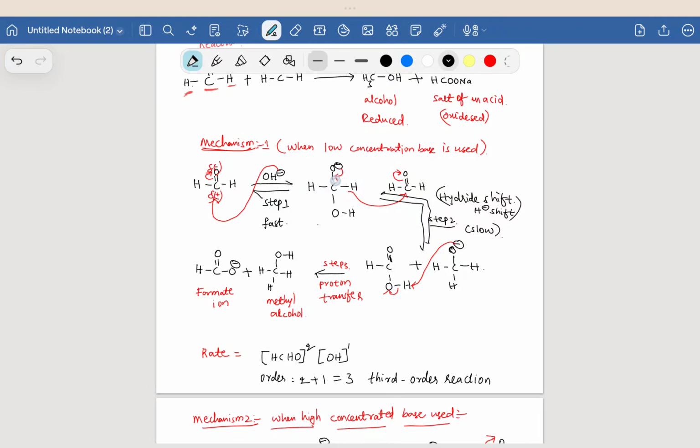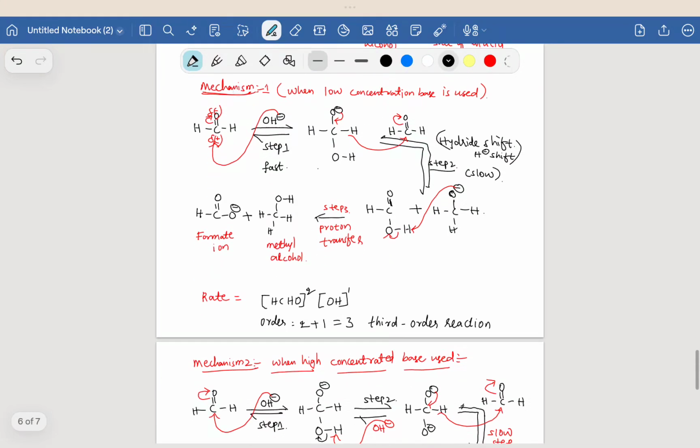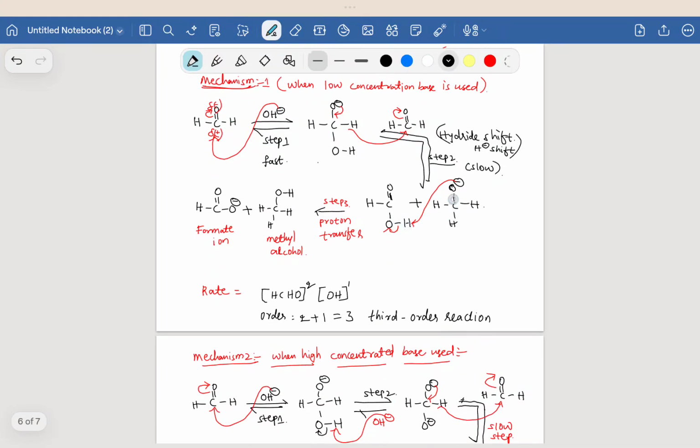Next it forms like this, then this O minus shifts, the minus charge shifts here, and the hydride shift takes place. Then it attacks the next carbonyl compound, the next aldehyde which does not have alpha hydrogen. This is the slowest step in this reaction, so it is called the rate determining step. Because of this slow step we get the rate. Next it forms this one and this one.